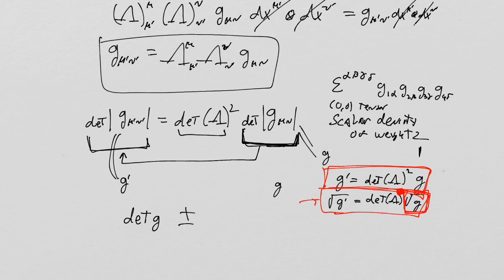And in general relativity, it will very often be negative depending on how you choose the metric. So frequently they write it this way: the square root of minus G is the determinant of lambda times the square root of minus G prime.